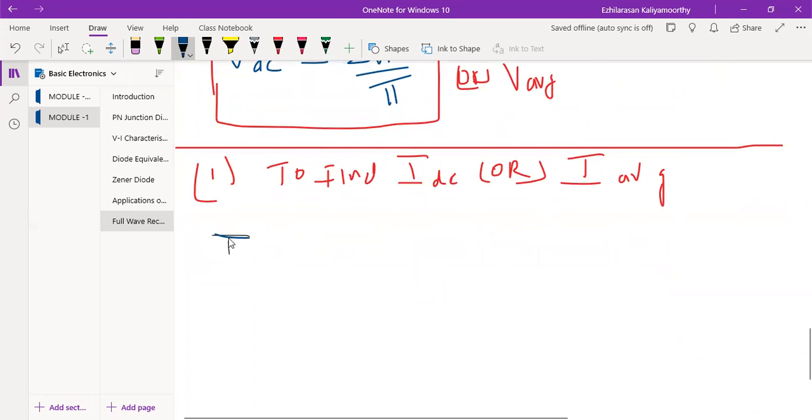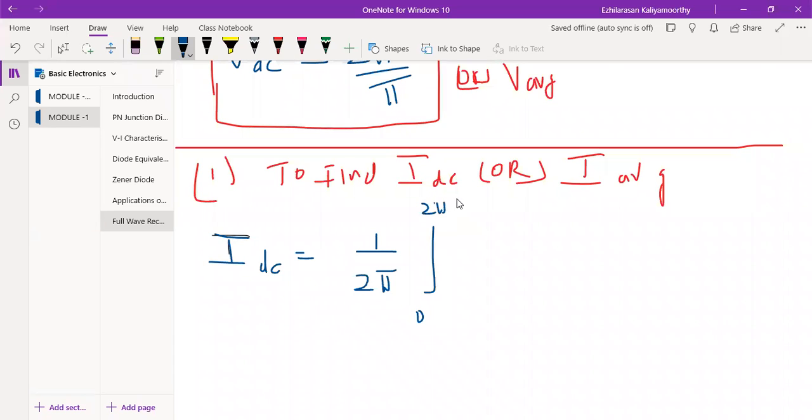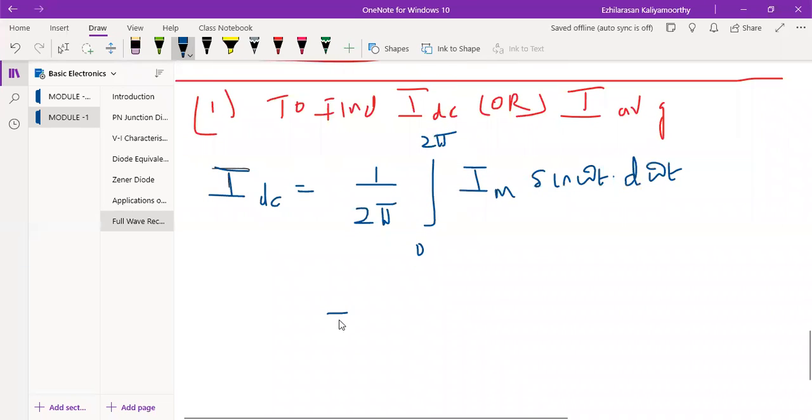IDC or I average is equal to 1 by 2 pi, integral 0 to 2 pi, Im sine omega t into d omega t. Then substitute and do the integration. So we may get IDC equal to 2 Vm by pi into RL.